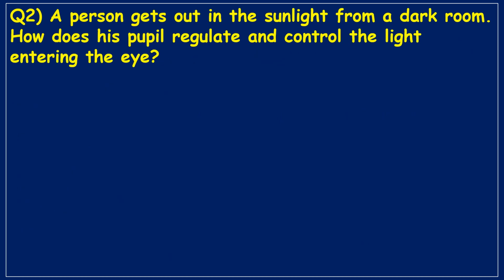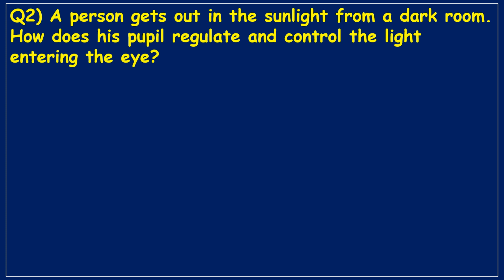Next question. A person gets out into the sunlight from a dark room. How does his pupil regulate and control the light entering the eye? Children, see, it's very strange actually. Whenever you come out of your room into sunlight, we immediately blink our eyes and reduce the size of our pupils.